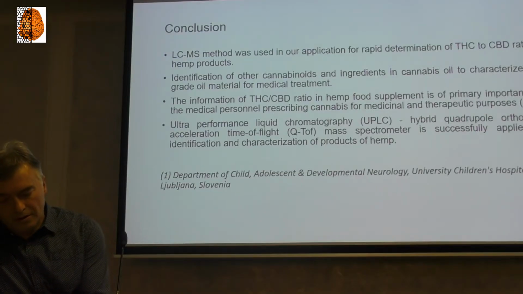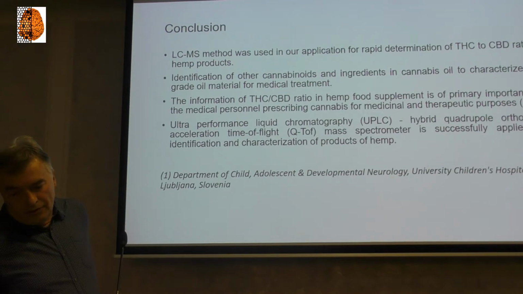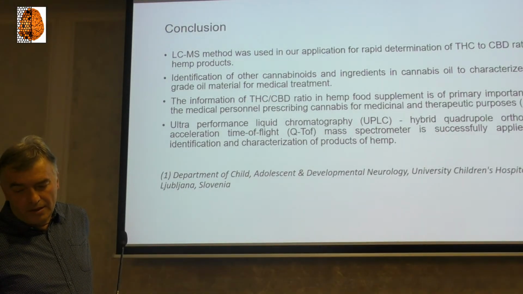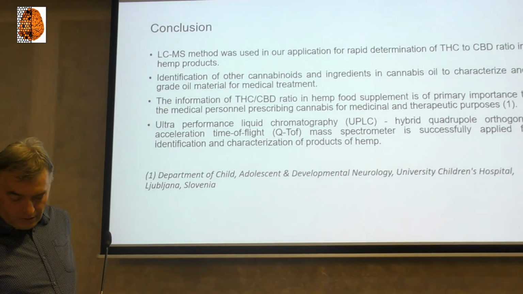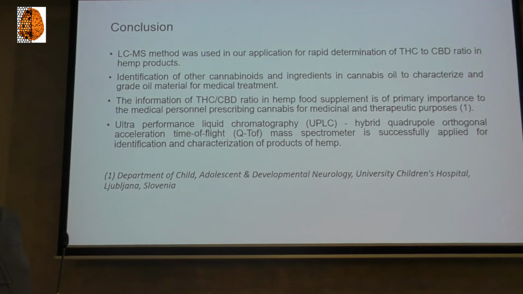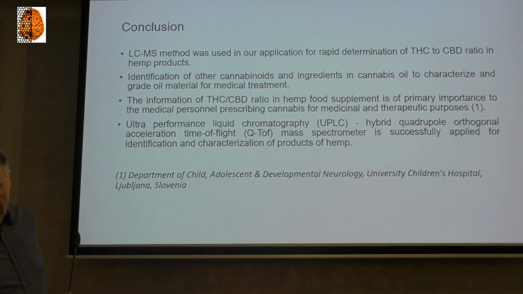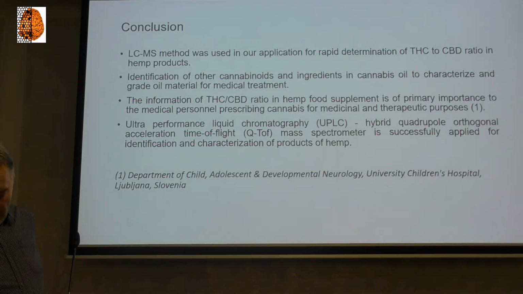To summarize, I can say that the method primarily used was LCMS, which is fast enough and quite accurate for determination first of THC and CBD, and then also other cannabinoids are determined.